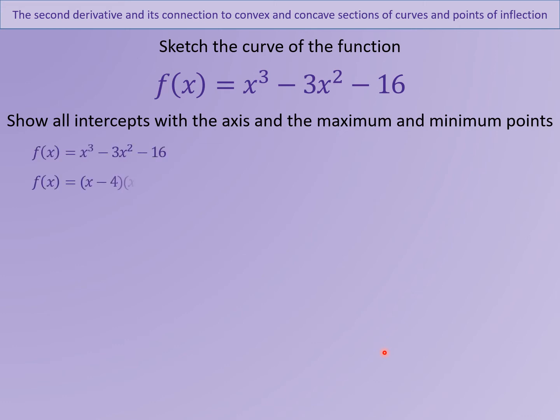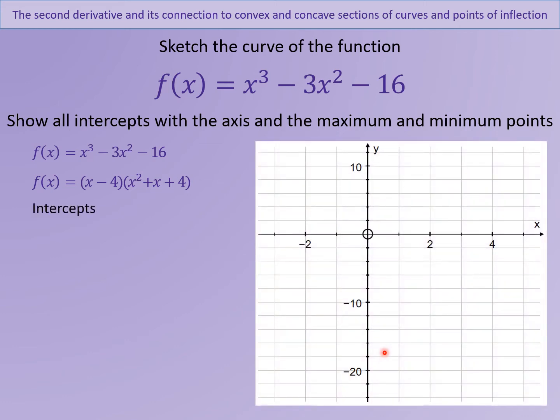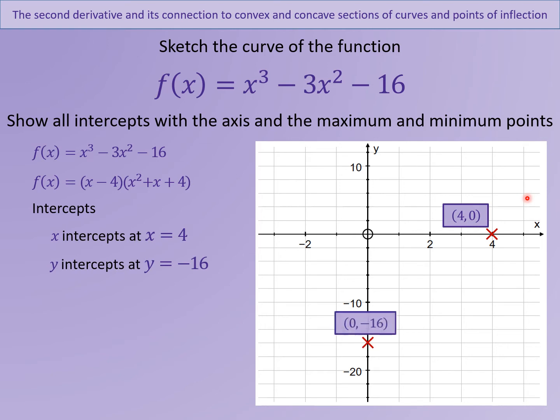So if I've got that function there, I can definitely factorize it. I can pull out a 4 and factorize it. 4 definitely is a solution, so therefore x minus 4 is a factor. And so I can plot that. So the intercept there is definitely going to be x equals 4. It doesn't cross again, but it does cross the y-axis at minus 16.